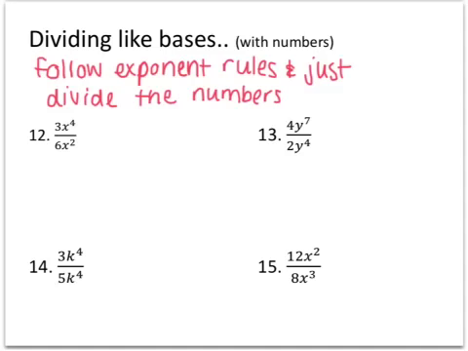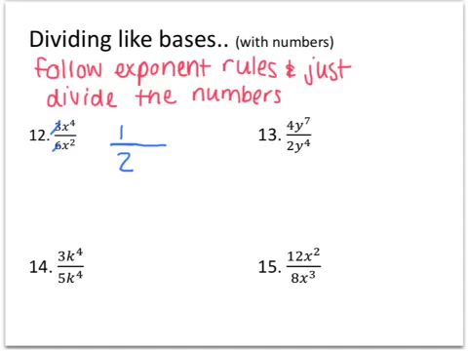So for number 12, what's 3 divided by 6? Negative 2.5. Guys. 3. Yes. 3 divided by 6 is 1/2, right? Just simplify that. That's just 1/2. You guys know that.